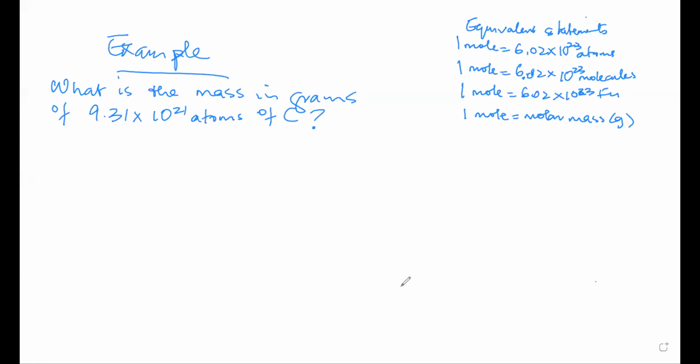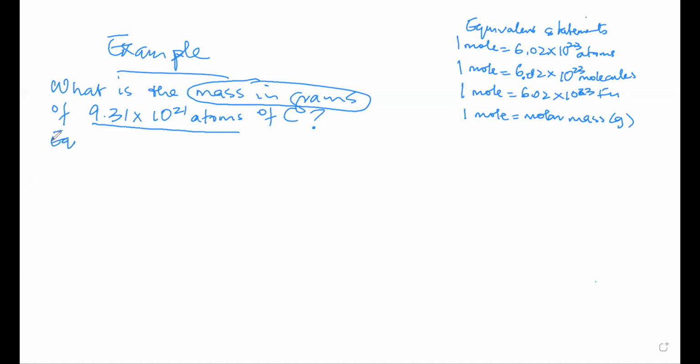So example, what is the mass in grams of 9.31 times 10 to 21 atoms of carbon? Okay, then we underline what we know. We circle mass in grams, what we do not know.